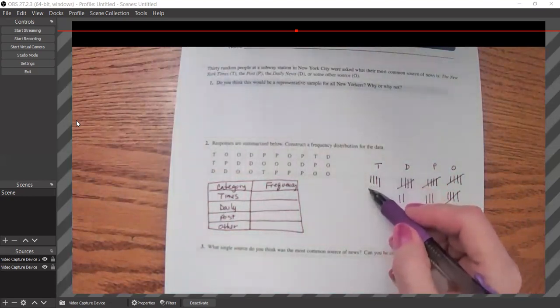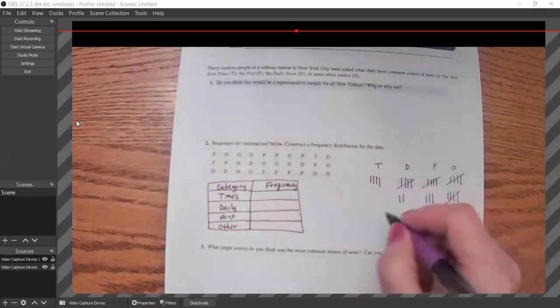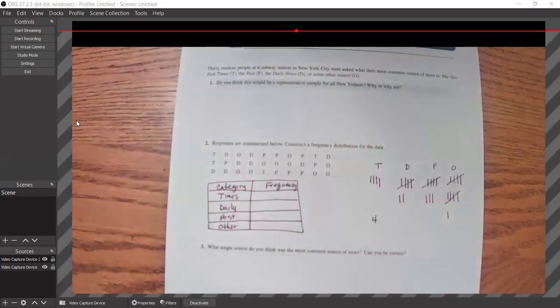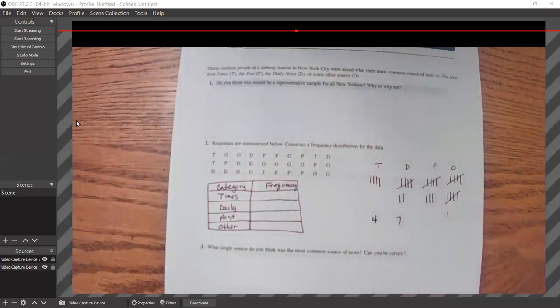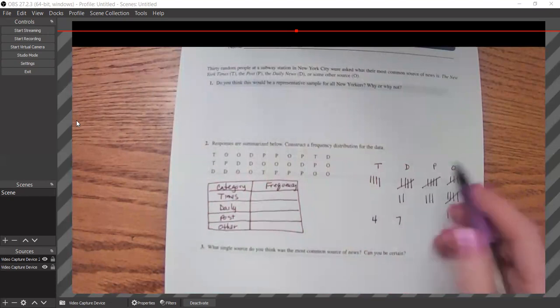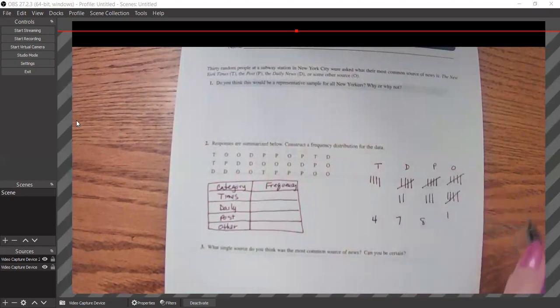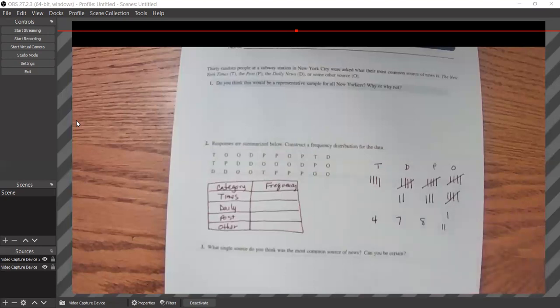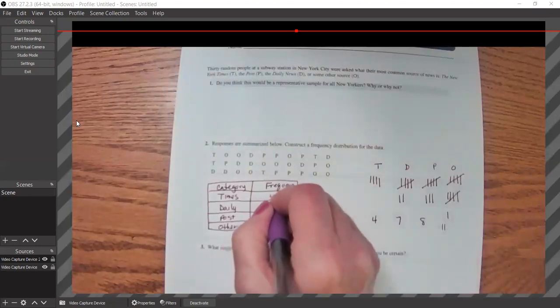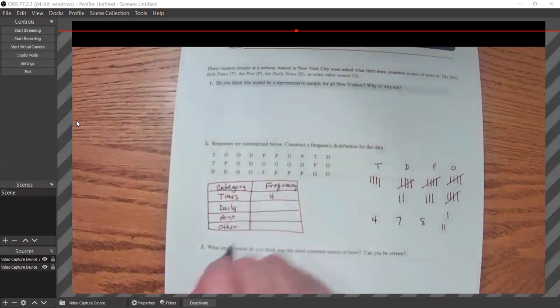The Times got 4 votes, if you will, 4 of the 30 people. The Daily News got 7. The Post got 8.